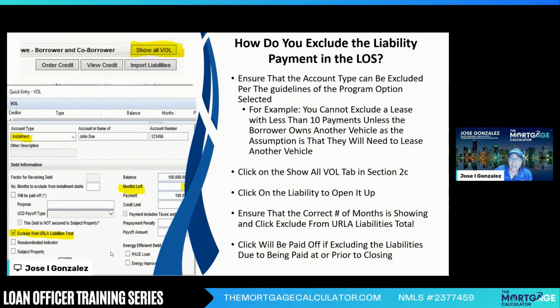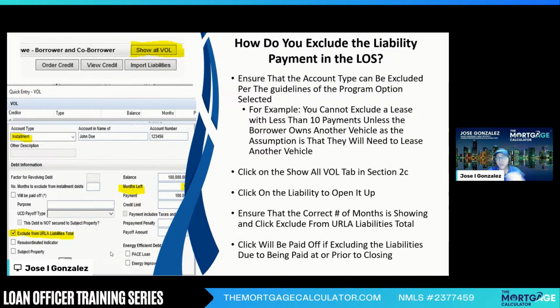In which case, if it's an agency loan, AUS is going to ask you for documentation as one of the conditions: Hey, we see you excluded the installment loan from Acme Credit, I think is who that is, so please provide documentation to support the exclusion.